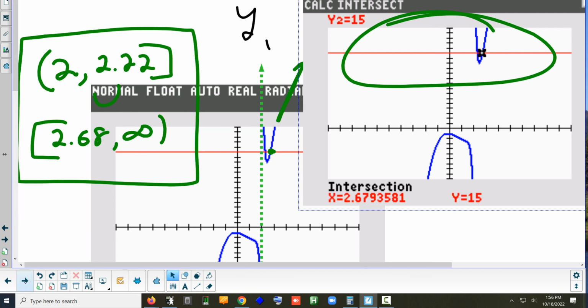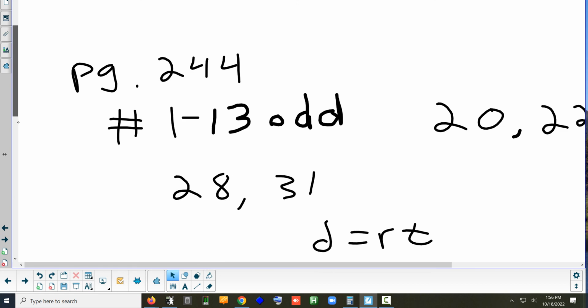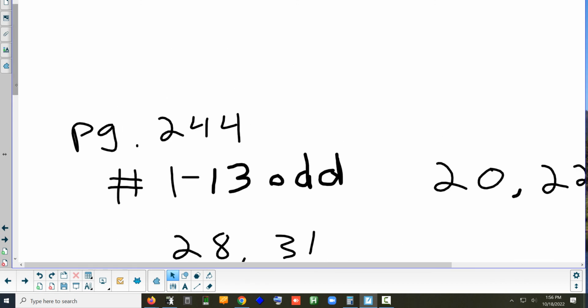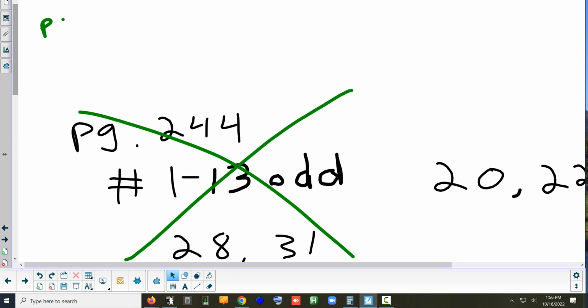So, from 4.3, just going to cross this out because you guys did most of that last night. Let's do 13 and 22.